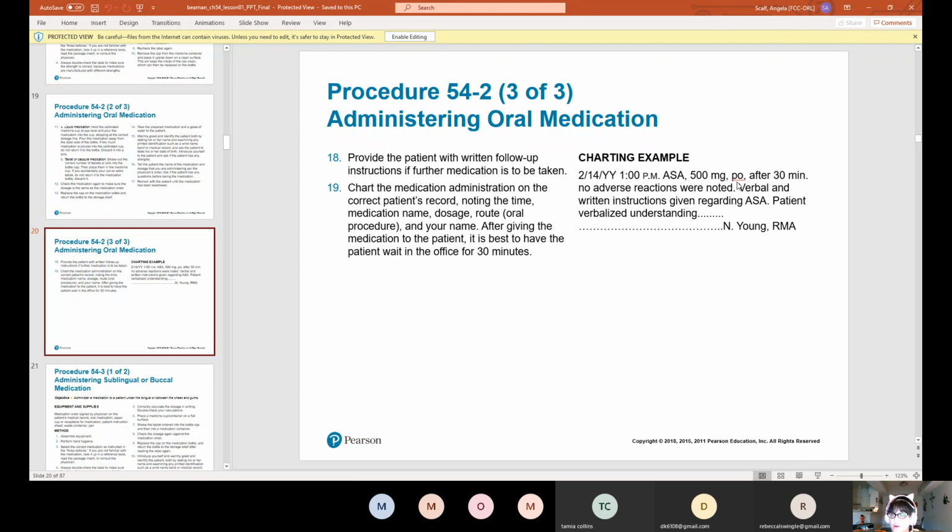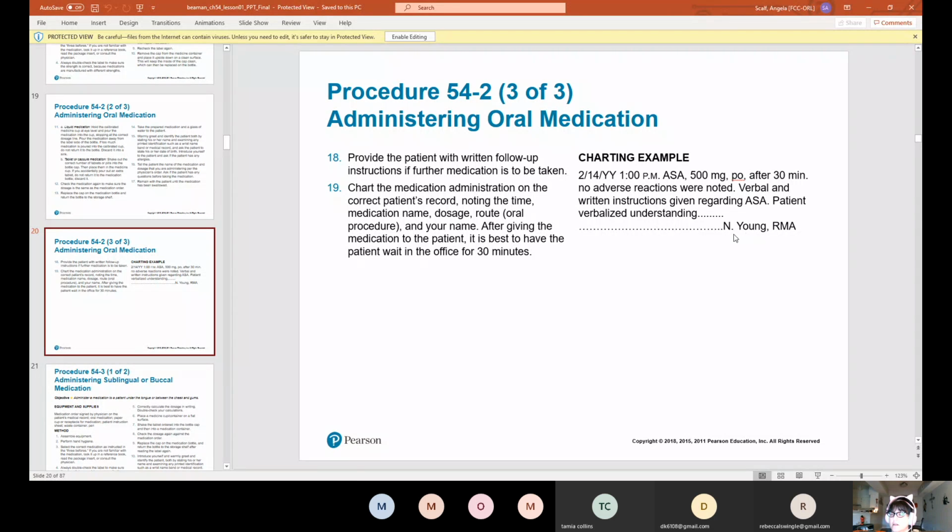Y'all don't know this, we haven't done pharmacology, but PO is by mouth. After, and you could have said Q, 30 minutes. No adverse reactions were noted. Verbal and written instructions regarding aspirin. Patient verbalized understanding.